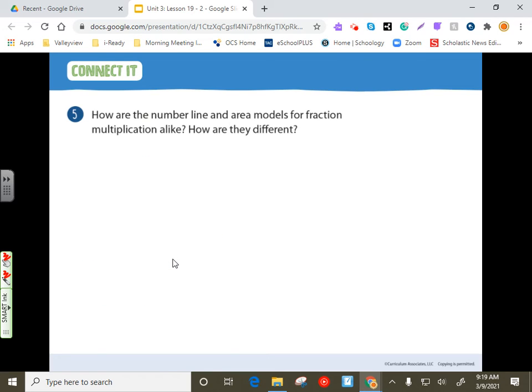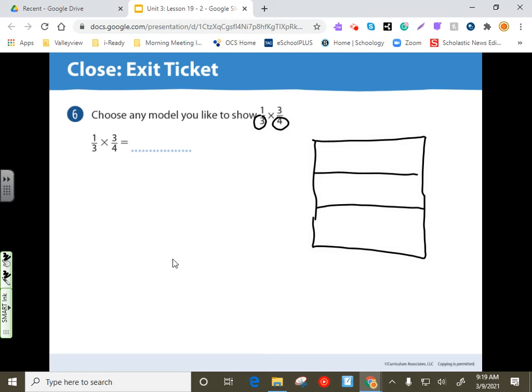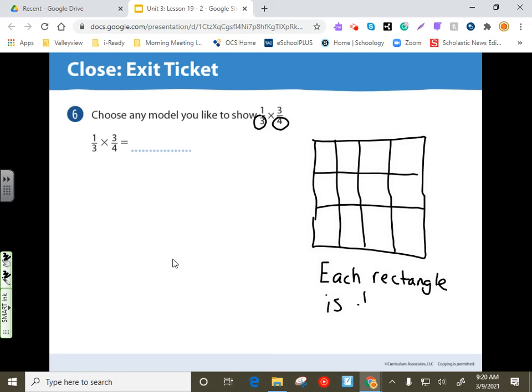Skipping 5, it's a decent question, but I just want to get right to number 6. Choose any model you like to show 1/3 and 3/4. So let's draw a model over here on the right. So we've got thirds and fourths here. So here are my thirds, 1, 2, 3, and let's do these in the fourths, just like that. Since there are 12, each rectangle is 1/12.